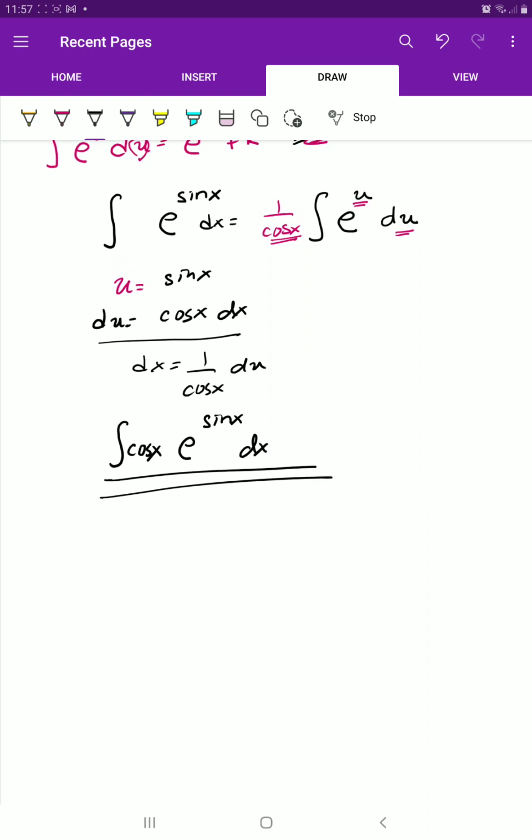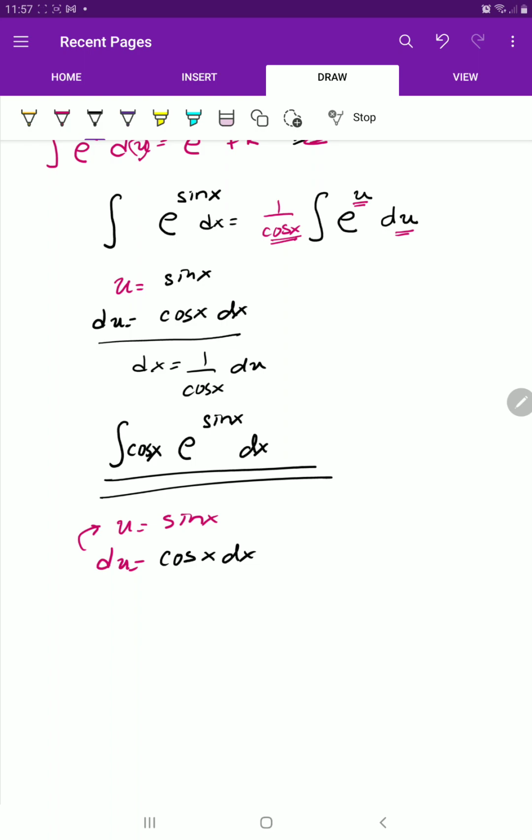Again, our u is equal to sine x, and the derivative of u with respect to x is cosine x dx.